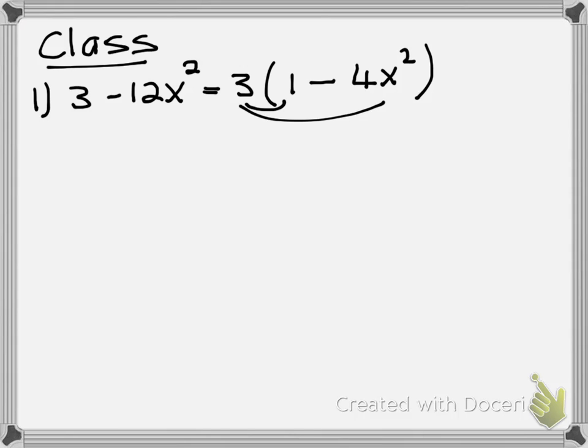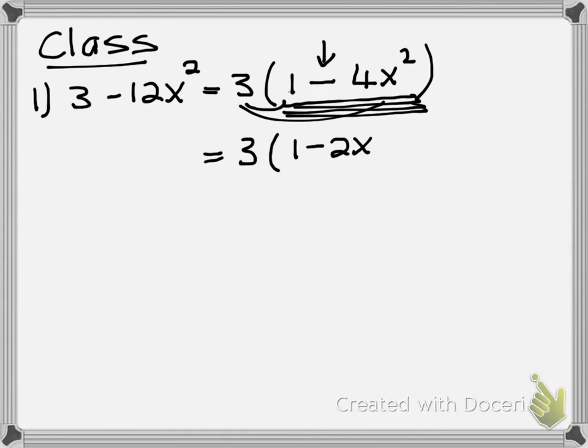But now I see 1 minus 4x squared can be factored further because it's a difference between two squares, right? So we can go 3, 1 minus 2x, and 1 plus 2x. Doesn't matter whether you write 1 minus 2x or 1 plus 2x first, that's fine.